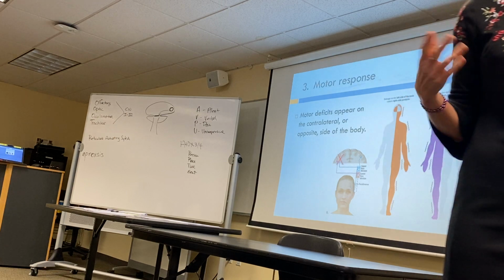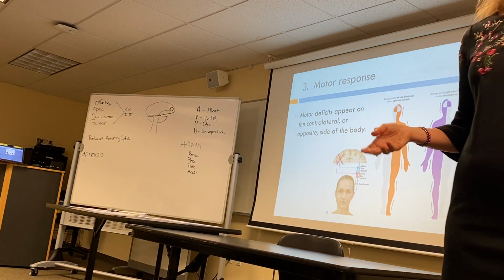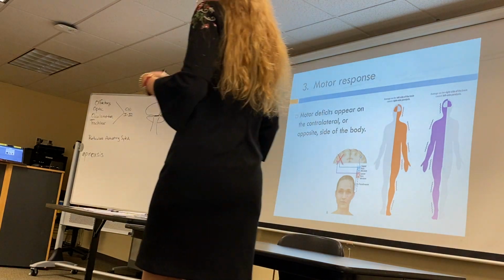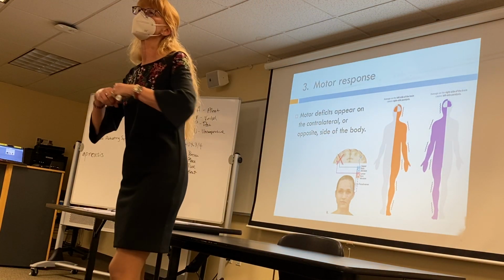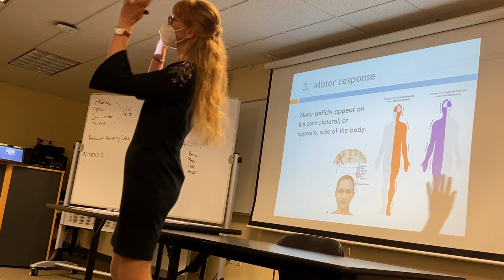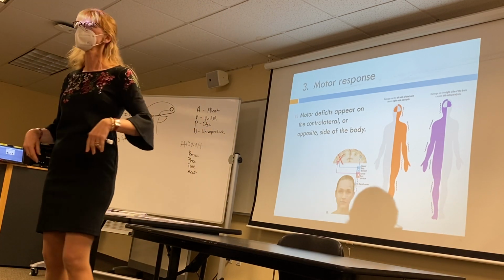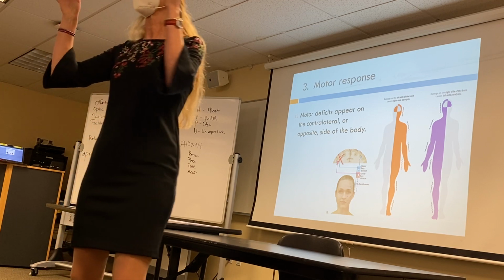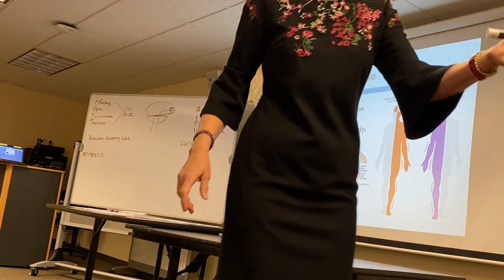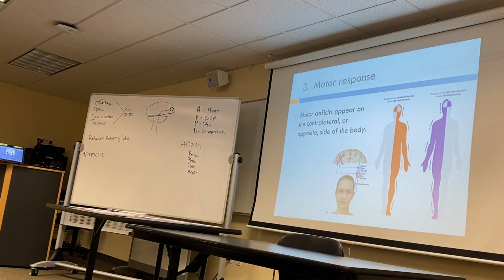Clots or bleeds. If you have a clot, clots can come from the lower extremities. It can come from someplace in the heart. Oftentimes those clots will shower. What do I mean by showering? Spread. Yeah, there can be multiple clots in multiple blood vessels in the brain, so that's where you can have both sides affected.